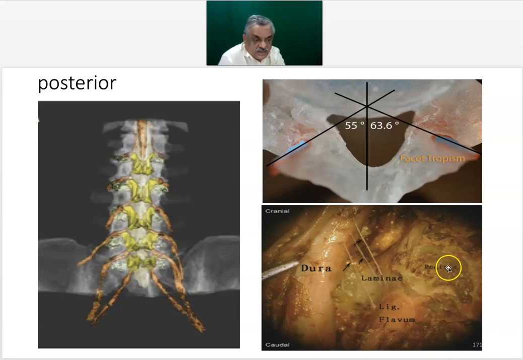Now this is the pedicle, this is the ligamentum flavum, this is the lamina. So we are looking ventrally, we are looking from the front, and we find that the ligamentum flavum comes right up to the pedicle from the midline like this. Now this is the ridge of the facet, this is the lamina, and the posterior midline is far away from the symptom causing axilla.